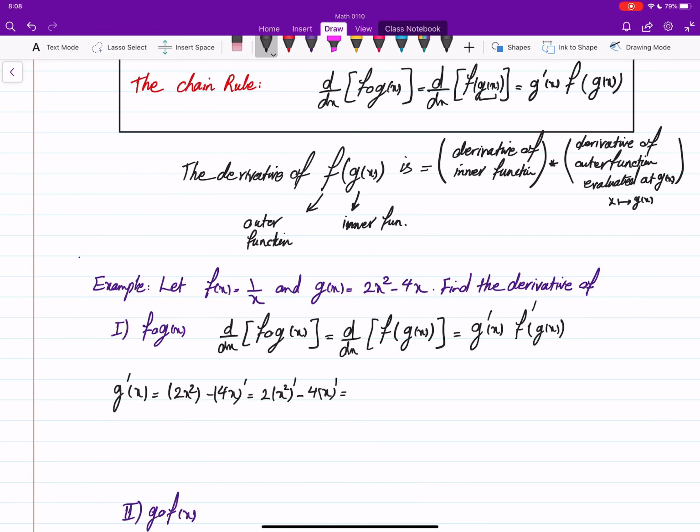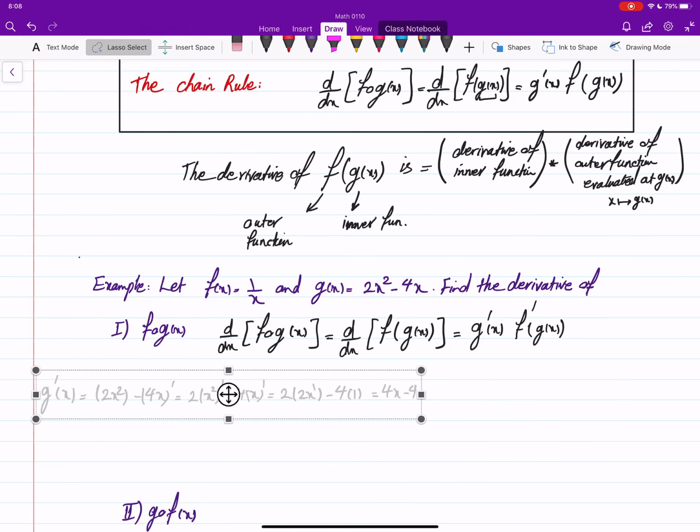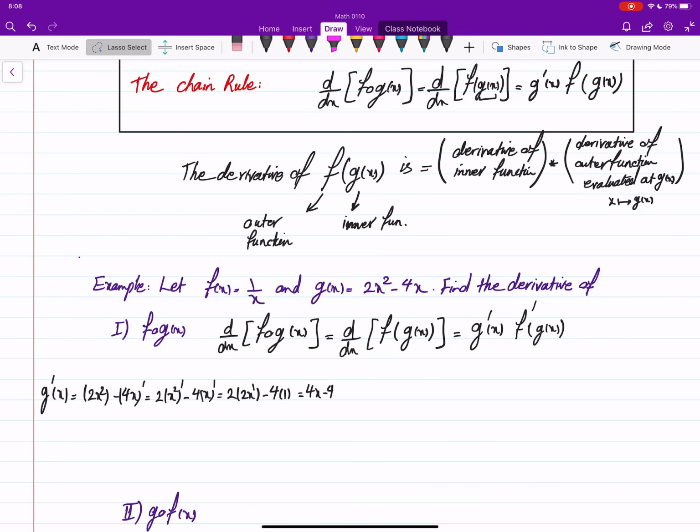That gives us 2 times 2x to the power 1, this is the power rule, and 4 times 1. So we found g prime: g prime is 4x minus 4.